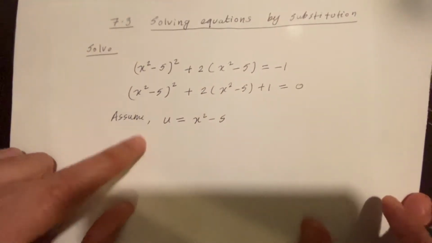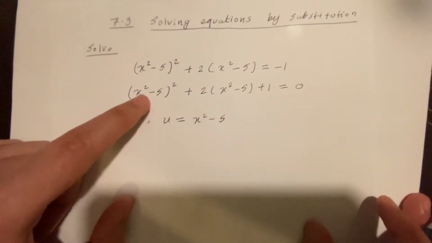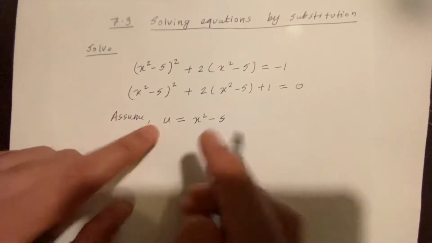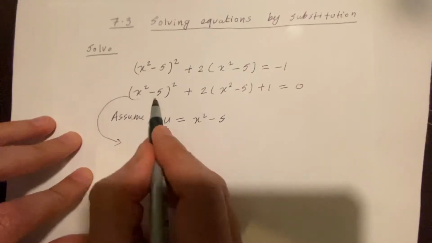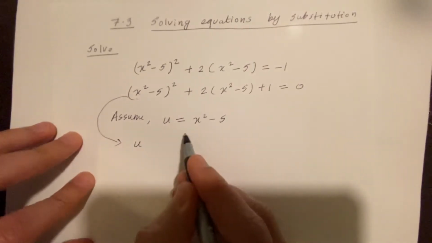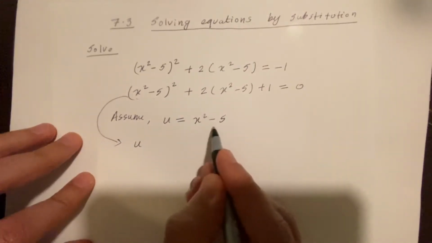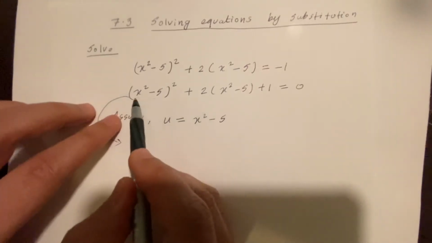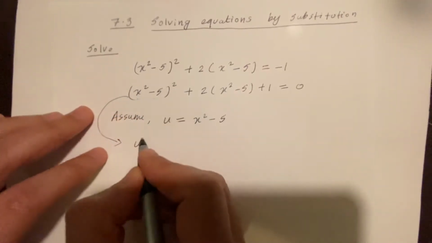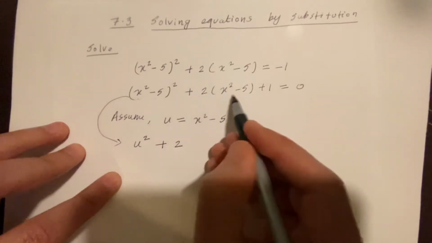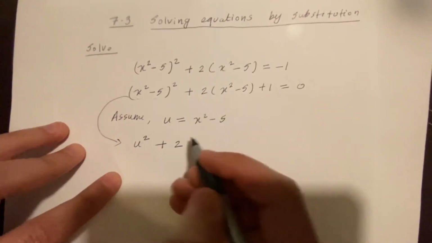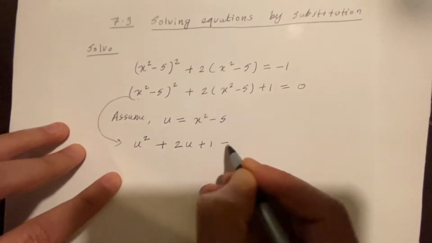If we replace x squared minus 5 by u, we get u squared plus 2 times u plus 1 equals 0.